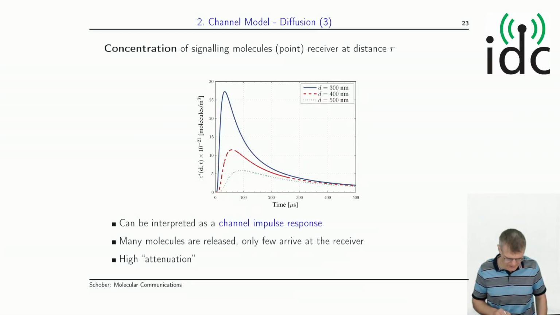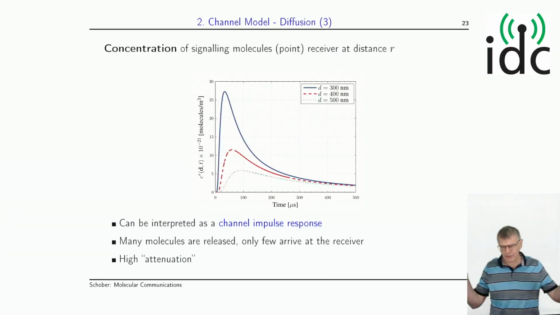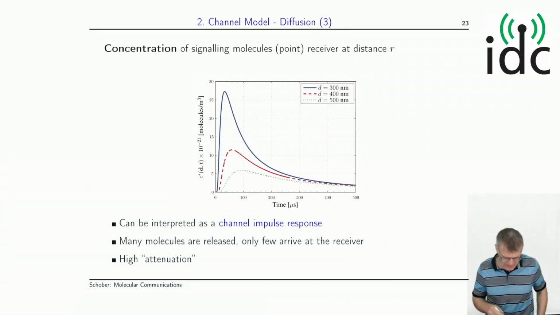And what we see is that, of course, first we do not observe any molecules because it takes the first molecules a little bit to arrive at the observation point. But then the concentration quickly increases at our observation point, and after that it decreases again because the molecules will diffuse away into infinity because there are no boundaries. We also see that the larger the distance, the fewer molecules we observe.